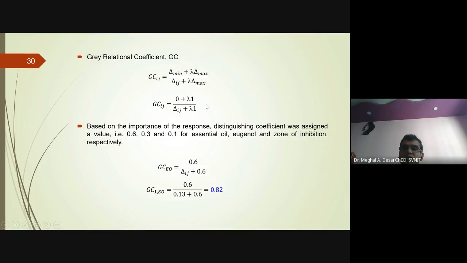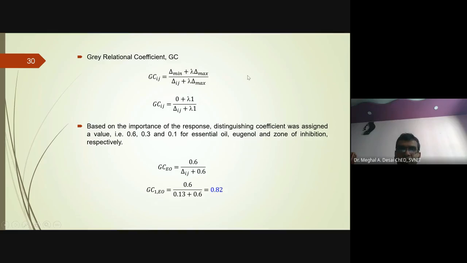So your equation of GC will be this, lambda divided by delta plus lambda. Since we are talking about essential oil, we have assigned lambda to it. So I need the value of lambda. As mentioned over here, based on the importance of the response, the value of the distinguishing coefficient assigned was 0.6 for essential oil, 0.3 for eugenol, and 0.1 for zone of inhibition.